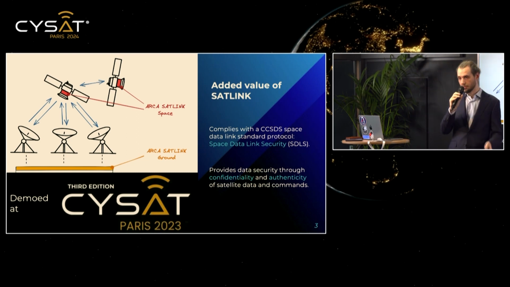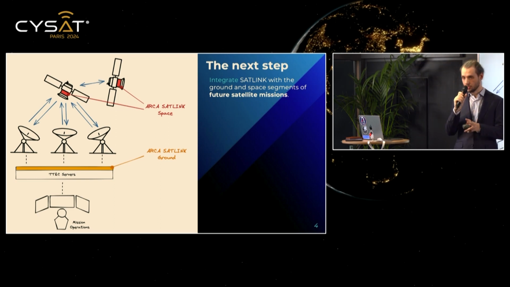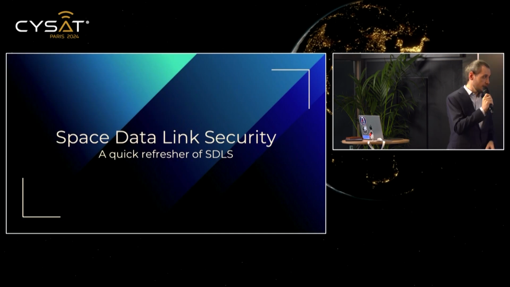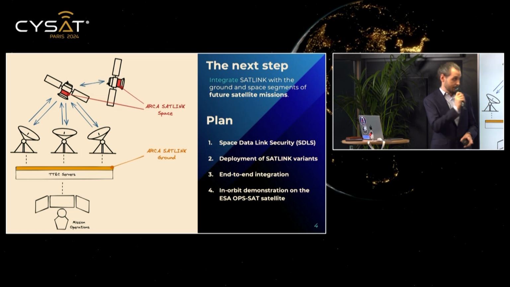I will be going to the next step of the development of SATlink, and I'll be talking a bit more about how we integrate SATlink with the ground and space segments of future space missions. To that effect, we're going to go through the following points. First of all, I'll be giving you a brief overview, I promise, of SATlink security. I will not go into too much detail, but just so you understand what's going on.